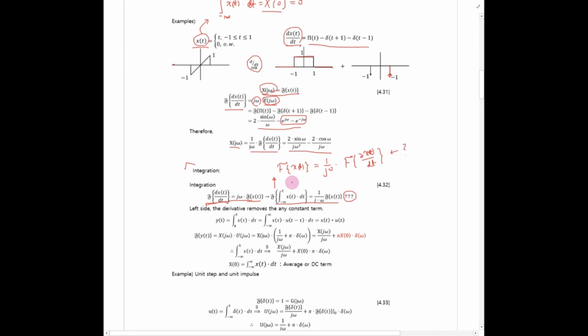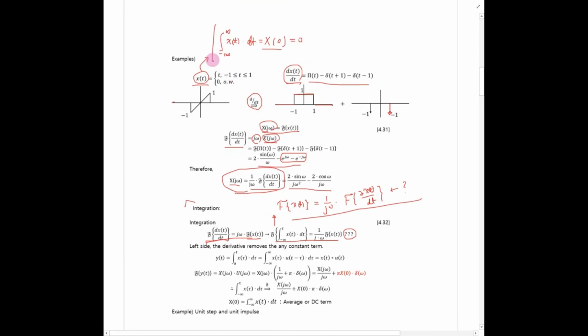We use that one over here, but is that valid for all cases? It's not. The precondition is this one: if the DC component does not exist, then this is satisfied and working. By the integration of x(t), it's this one, and the integration of x is given like that. This is the same relationship, but it is satisfied only if this function doesn't have a DC component.